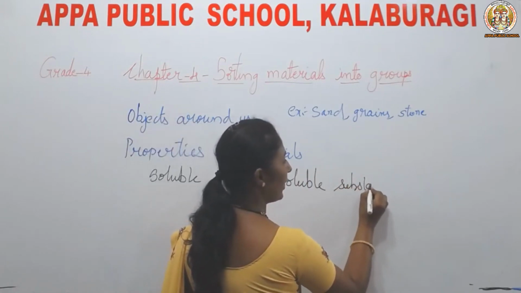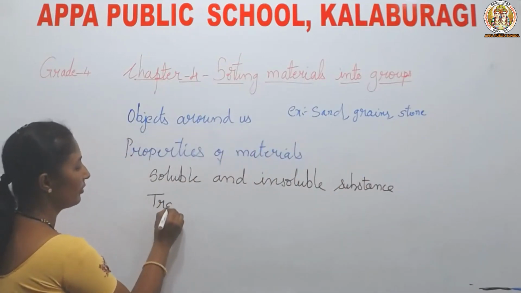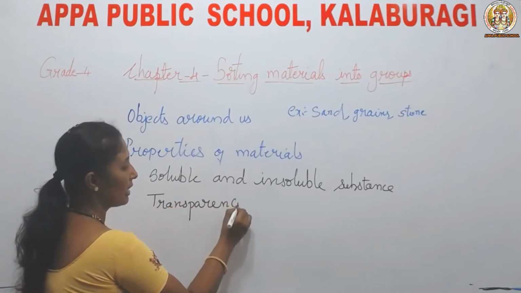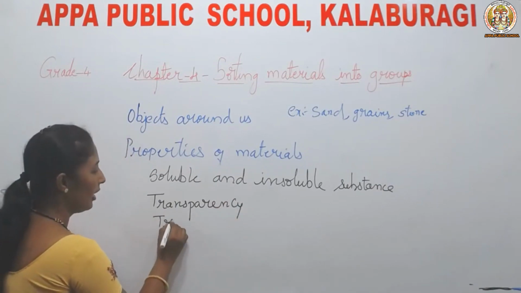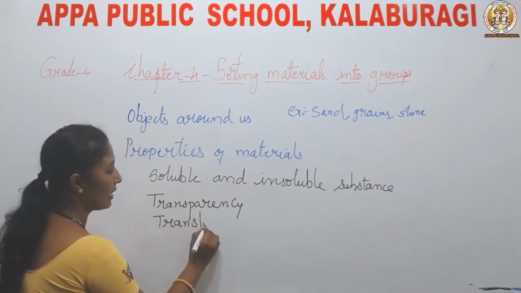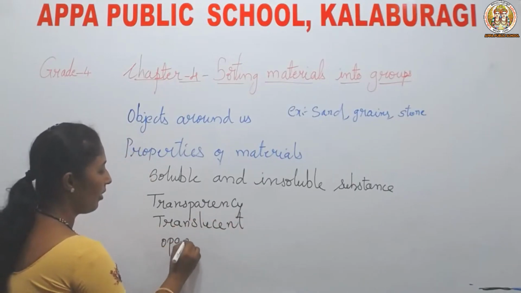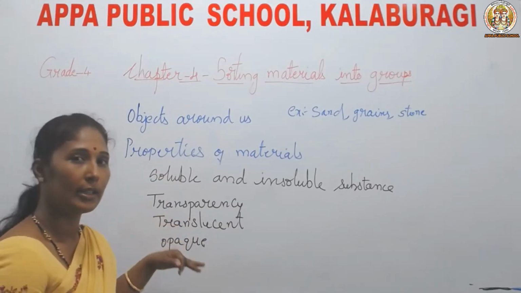Substance, material, object, any can be used. Next topic is transparency; transparent also we can say. Next is translucent. Next is opaque. This we have learned in this class.